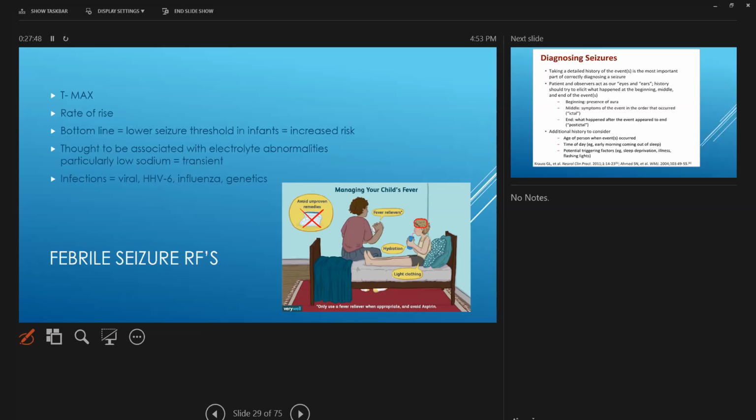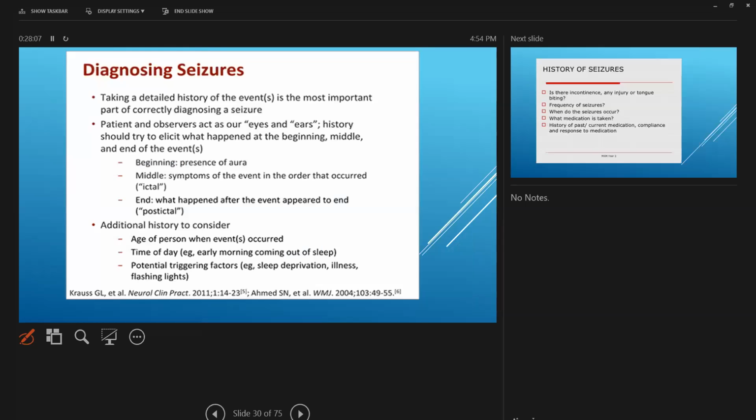There does appear to be a genetic link, as these are more common in children of parents that have had these. So there's thought to be a genetic link.